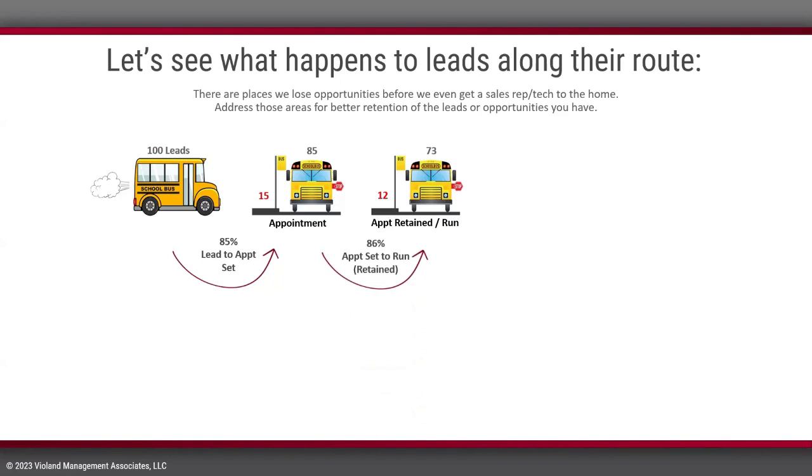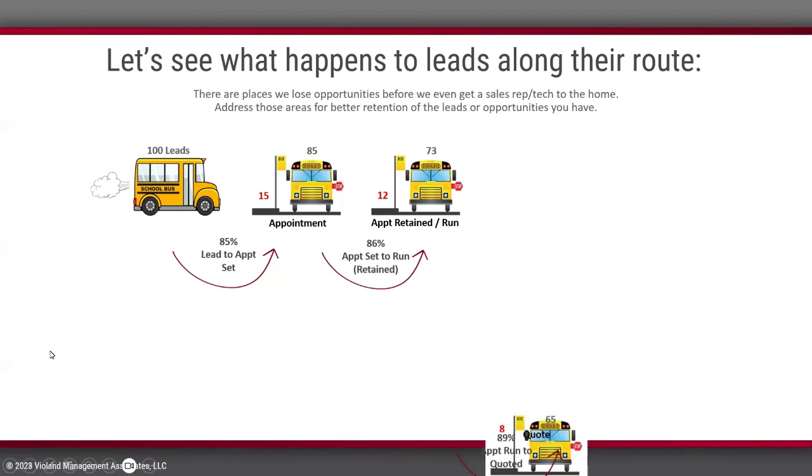For whatever reason, things happen, soccer practice and doctor's appointments, just things happen in life, and they canceled, and we never rescheduled them. So we lost 12 more. Okay, well, we still have 73. We're going to continue down the road with our 73 appointments. So we started out with 100 leads, but we ended up with 73 appointments.